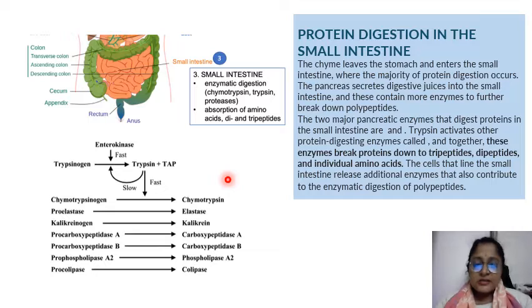All these enzymes, after getting activated, break down the proteins into tripeptides, dipeptides, and also individual amino acids, which help in further absorption. Also keep in mind that the cells of the small intestine release certain additional enzymes which help in the enzymatic digestion of the polypeptides.